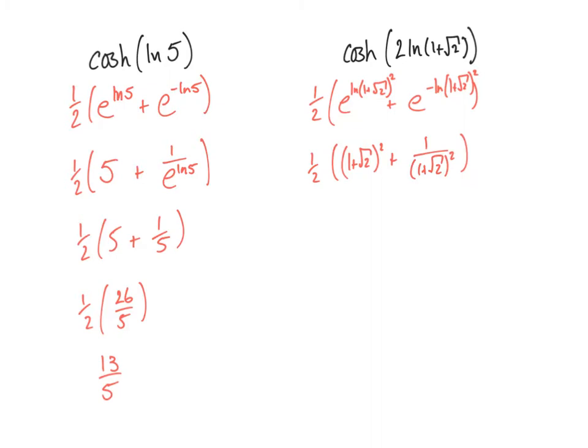Now this doesn't look too pleasant at the minute, but if we take the second fraction and rationalize the denominator, I'm going to multiply through by 1 minus root 2 over 1 minus root 2, and we're going to square both of those. So when we multiply 1 plus root 2 by 1 minus root 2, what we end up getting is a difference of two squares, so it's 1 minus 2, which is minus 1.